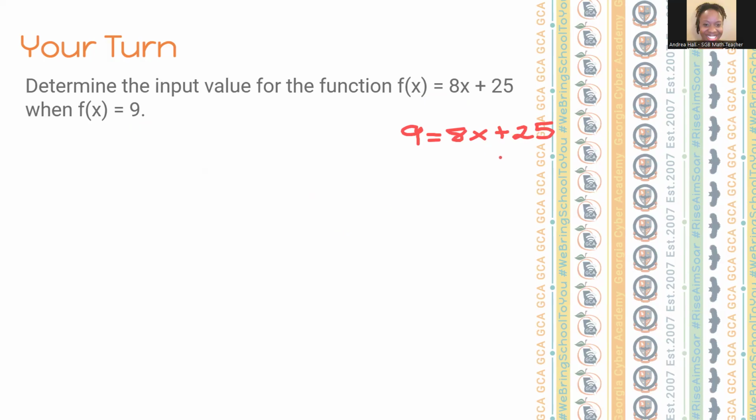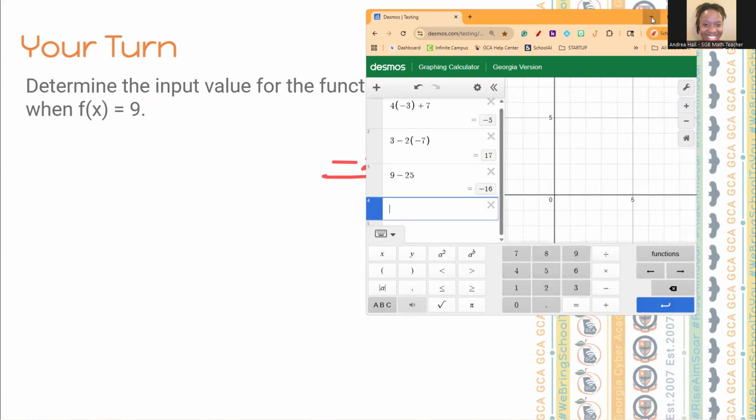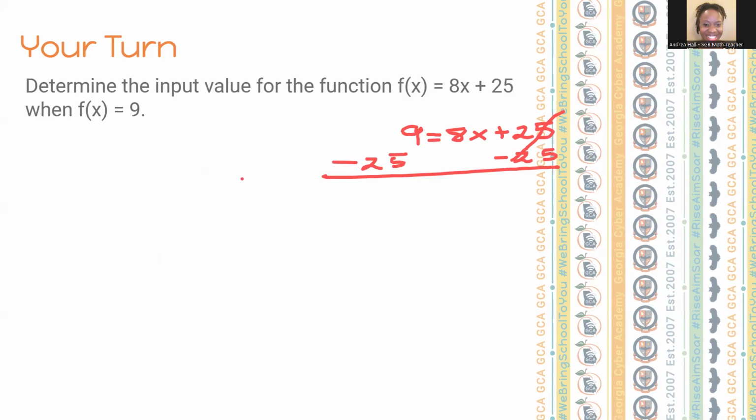All right, so to solve, I'm going to subtract 25 from both sides. Nine minus 25. I'm going to use my calculator. 9 minus 25, I get -16. Very nice. So -16 equals 8x.